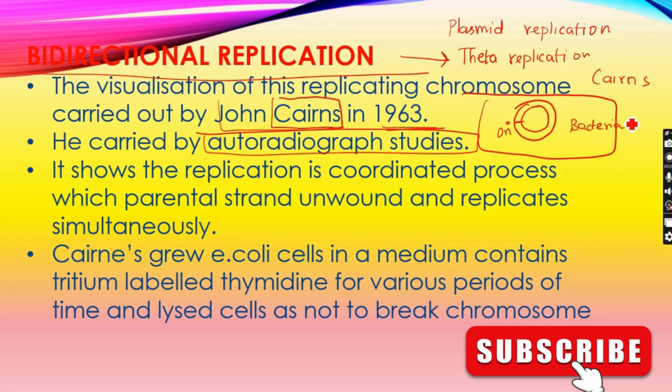He chose an E. coli cell and grew it in a medium, as bacteria can grow in certain media. In the lab he grew it in a medium containing radioactively labeled tritium.